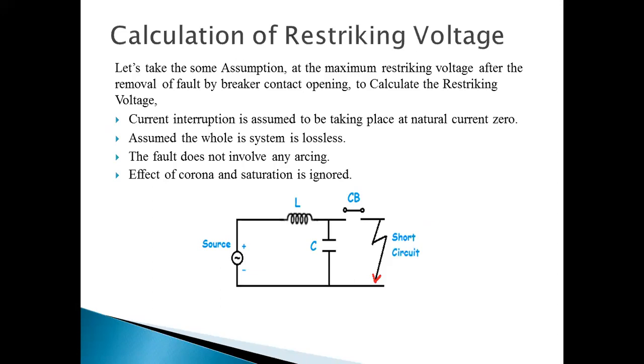These are the ideal conditions, just like your ideal transformer. So here we are considering some assumptions. At the maximum restriking voltage, after the removal of fault by breaker contact opening, to calculate this restriking voltage, the current interruption is assumed to be taking place at natural current zero.